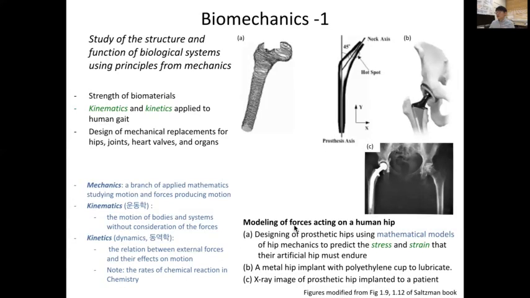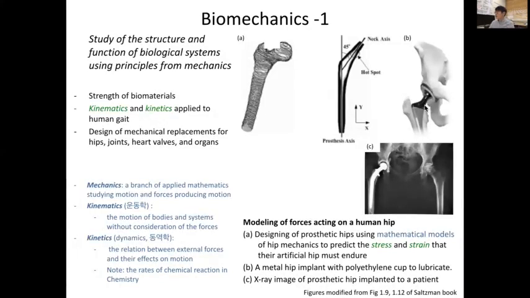So to design an artificial joint that replaces a human hip, what would be necessary? In the design of prosthetic hips, we use mathematical models of hip mechanics to predict the stress and strain that these artificial hips must endure. So that mechanical consideration is very important.